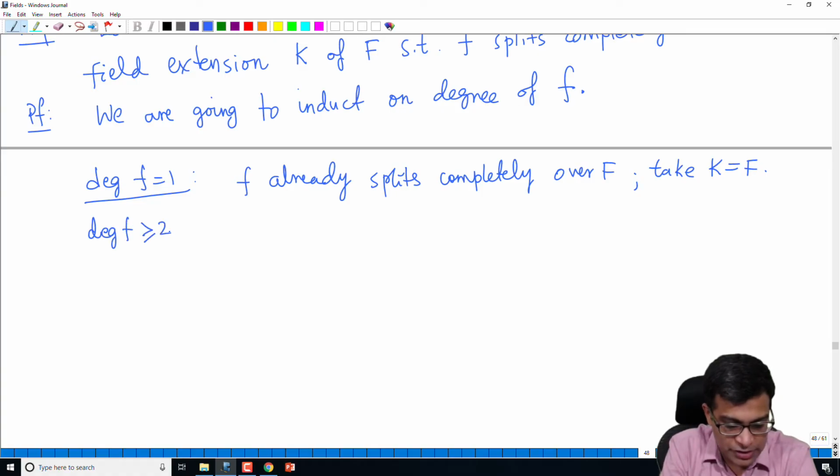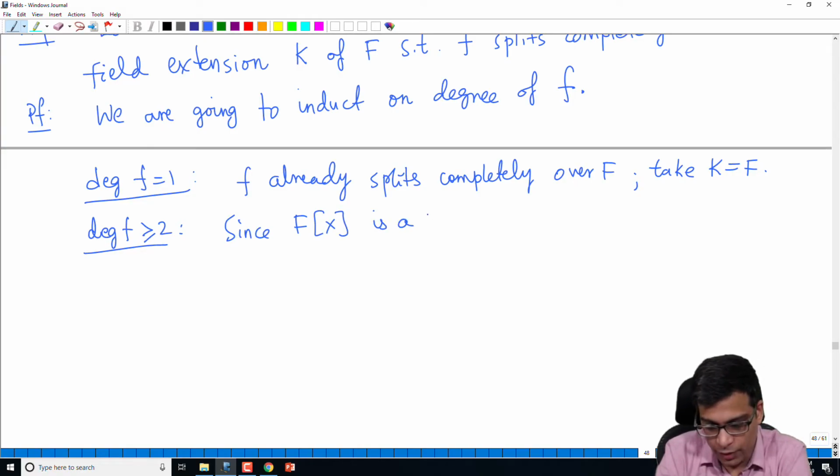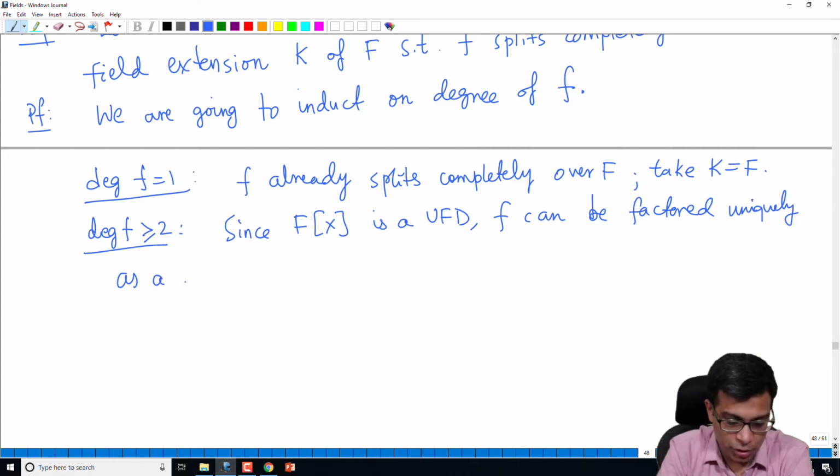Now let's say degree of f is at least 2. Now we know, since F[x] is a UFD, small f can be factored uniquely as a product of irreducible polynomials, right?